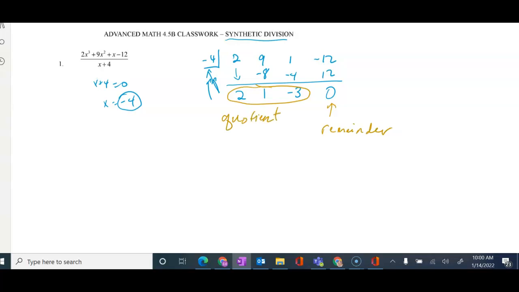So we can say that 2x cubed plus 9x squared plus x minus 12 divided by x plus 4 is equal to 2x squared plus 1x minus 3, and the remainder is 0. When we divide a third degree by a first degree, the quotient will always be 1 degree less than the dividend. So we took a third degree and reduced it to a second degree. That's our quotient.